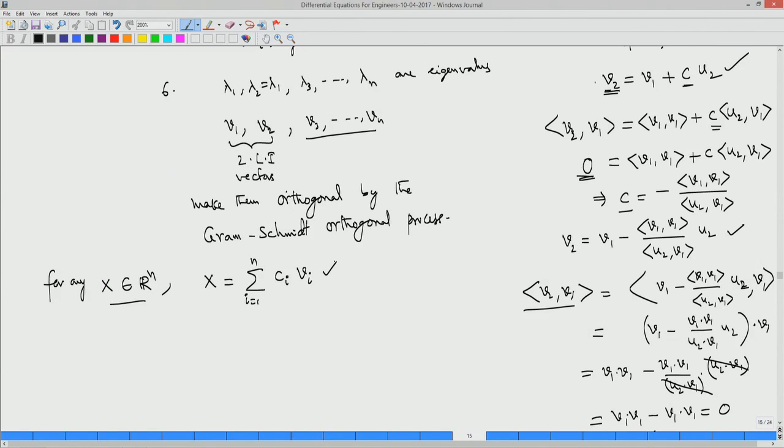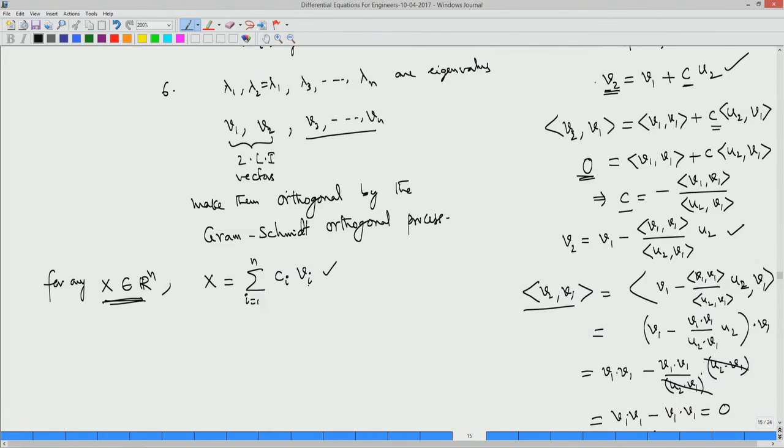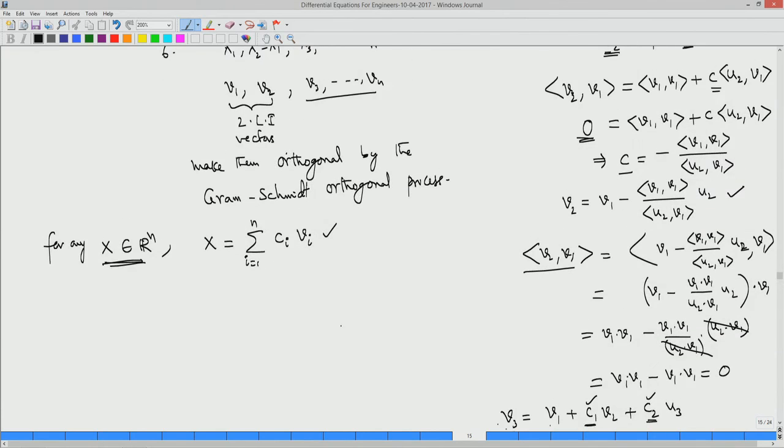Because any vector in R3 I can write in terms of i, j, k. In the plane, any vector I can write in terms of i, j. Same way, any vector here in Rn I can write in terms of these Vi's, which are orthogonal. Vi's look like i, j, k in R3. Okay.